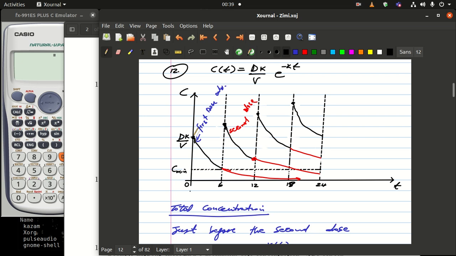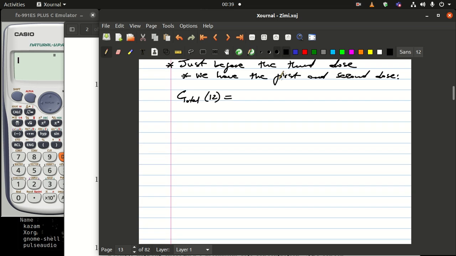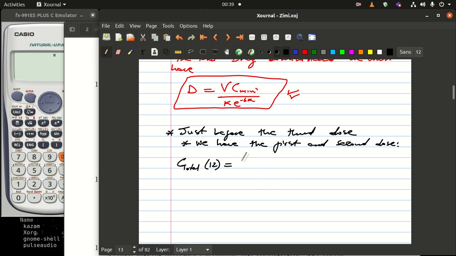So if you look at the concentration, not the dose, don't make a mistake. If you look at the concentration of the first dose, it's going to be somewhere there, and we are going to look at it separately for this part here. So we'll end up having the concentration of the first dose at T12 plus the concentration of the second dose.